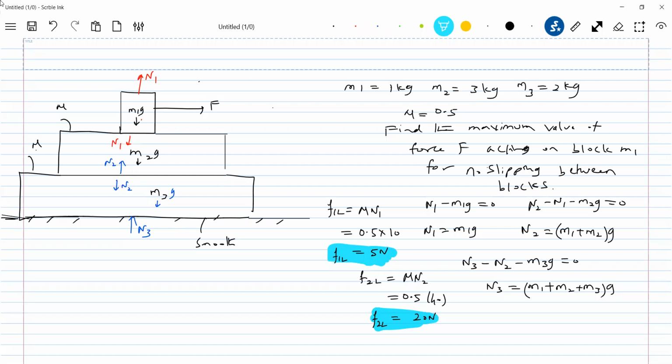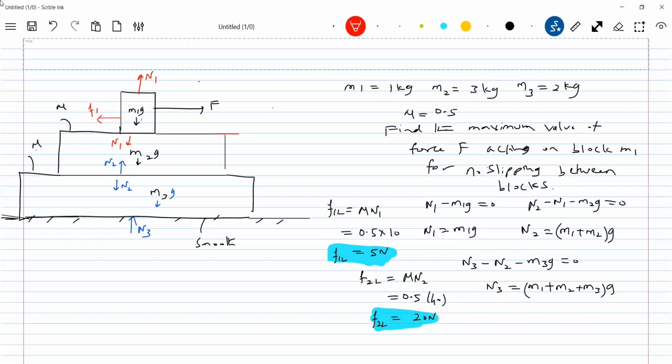Now, how to get the direction of friction? Initially, they are at rest. So when we apply force F, all the blocks are at rest. When I apply force F, the block M1 starts moving; it will overcome inertia of rest. But what about M2, M3? They will try to retain inertia of rest, but because friction will activate, M2 will oppose the motion of block M1. So the friction should be like this.